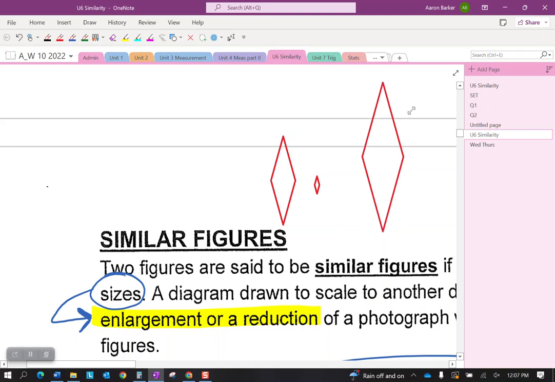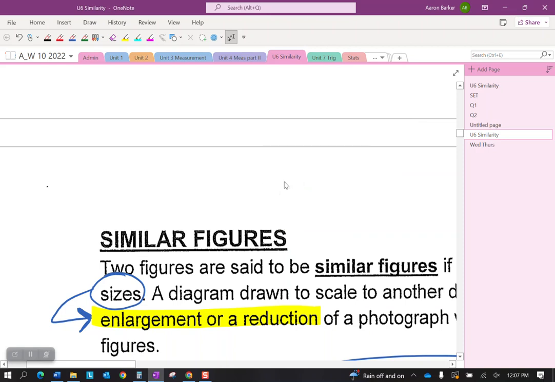Everything's increasing proportionally. Okay, it's increasing or decreasing by a scale factor. That's what the unit's all about. Any questions?